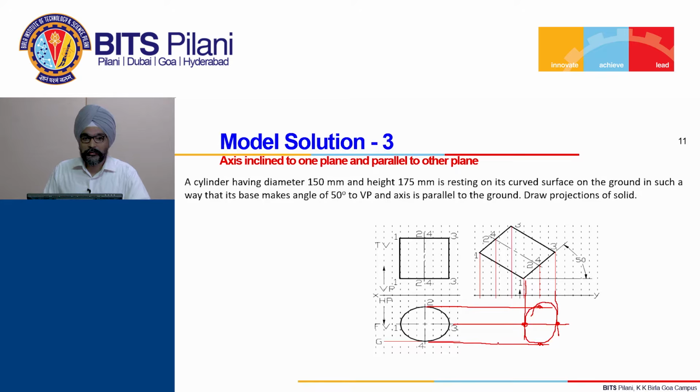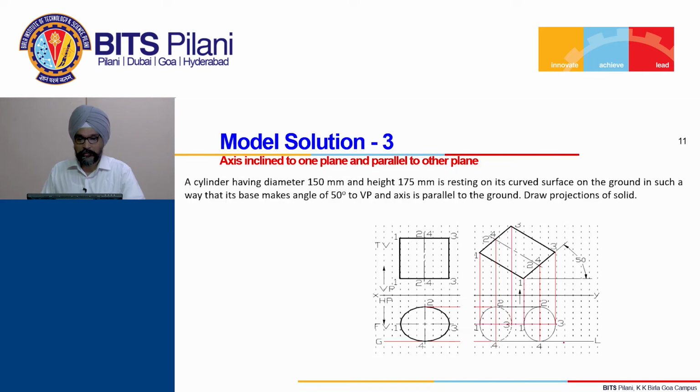In a similar way you will get another ellipse corresponding to the bottom, but for that you know that half of the ellipse has to be shown by a dashed line, or maybe by a red color line if you are using it, otherwise a black colored line, and the lines of tangency have to be drawn.